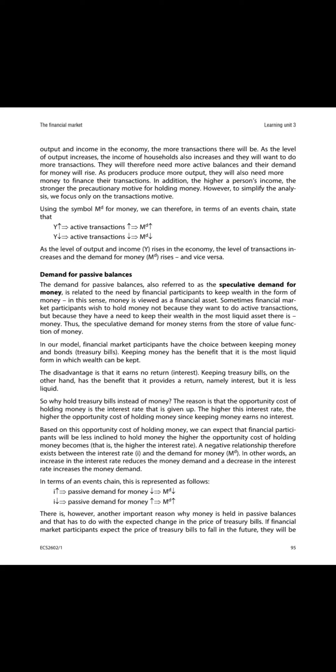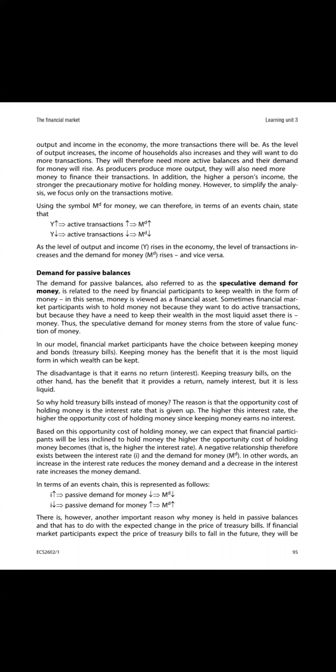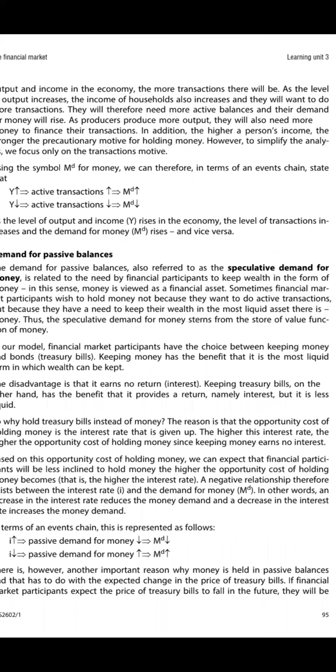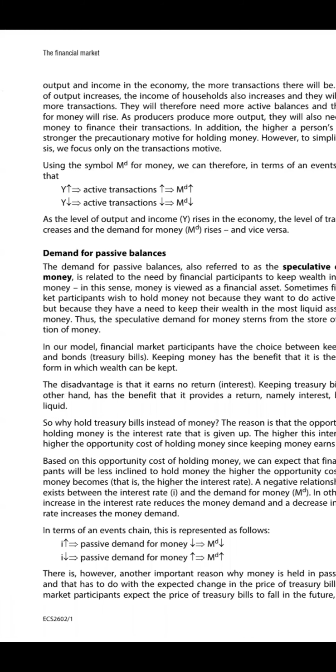Whenever the interest rate is high, the demand for money will be low, because you are taking most of your money to the bond market. So whenever the interest rate is high, your passive demand for money goes low, and the opposite holds true.